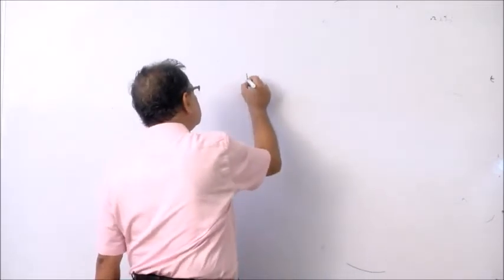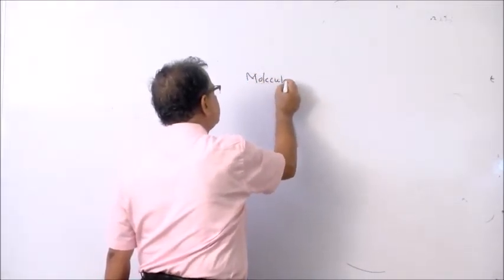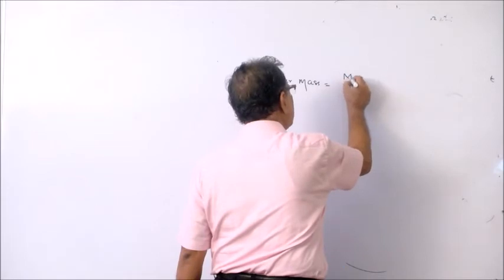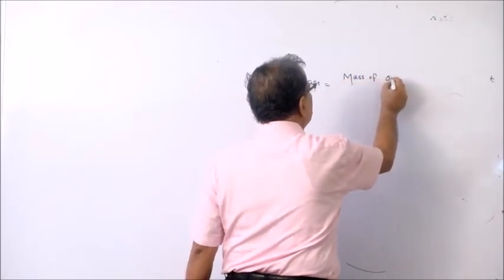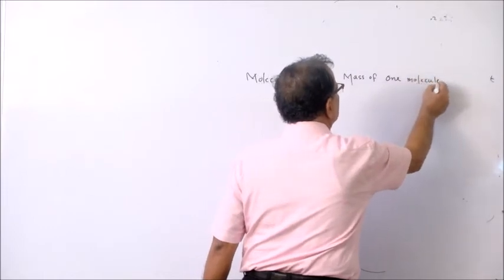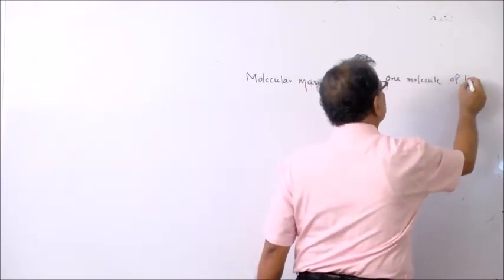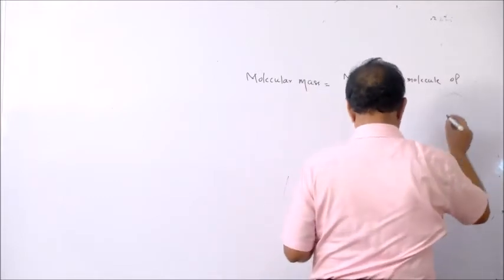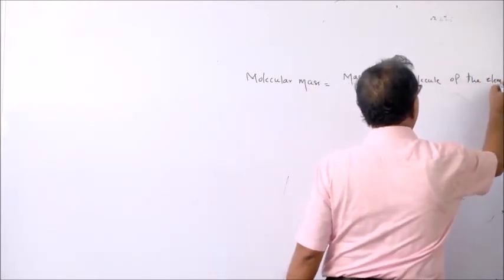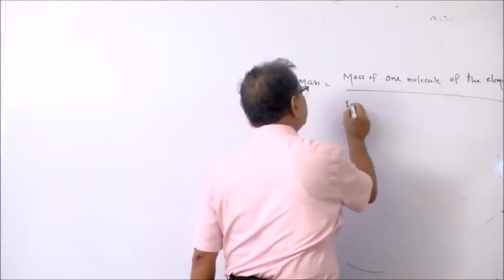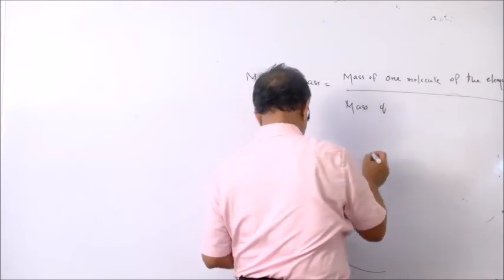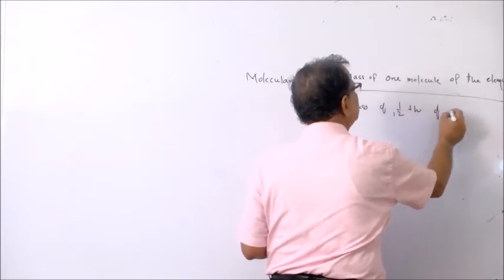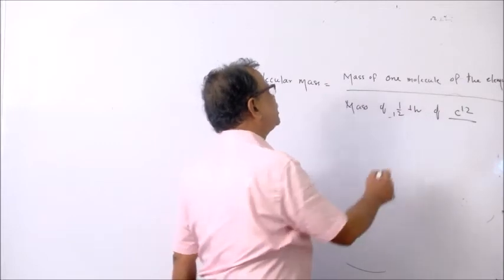The molecular mass, similarly, is the mass of one molecule of the element or compound, divided by 1/12 of the mass of a C12 atom.